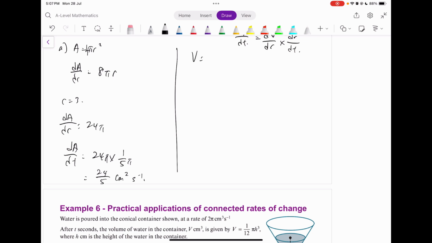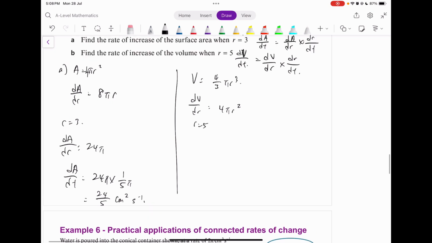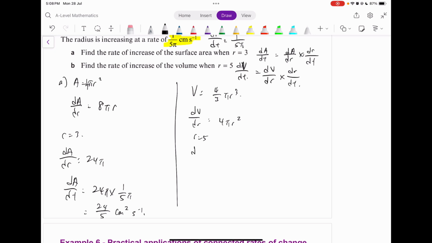Now what about volume? Volume is 4 over 3. This is just formula sheet. And then we have dV over dr, that makes it as 4 pi r squared. And hence when r equals to 5, this is what the question asks. 我们就会有 dV over dr, then 25 times 4, 100 pi.